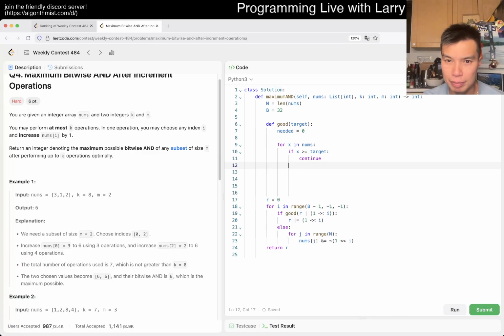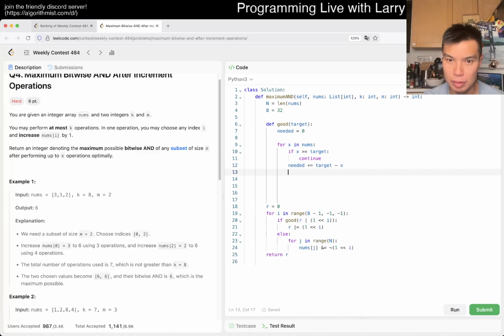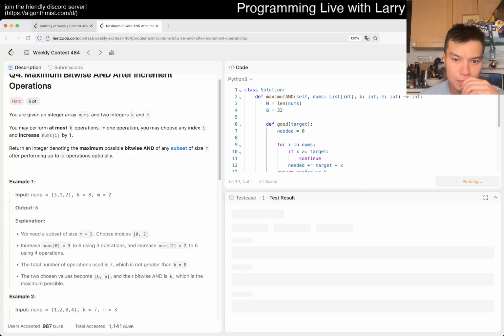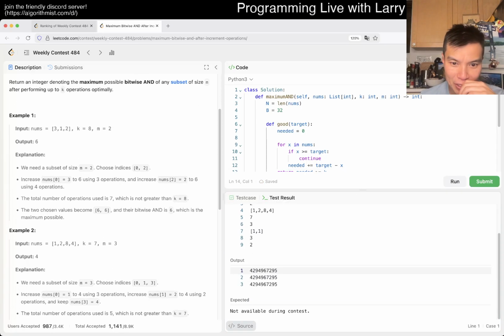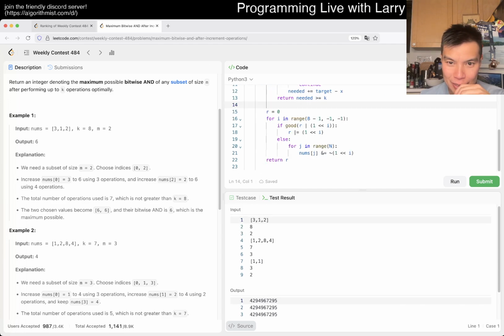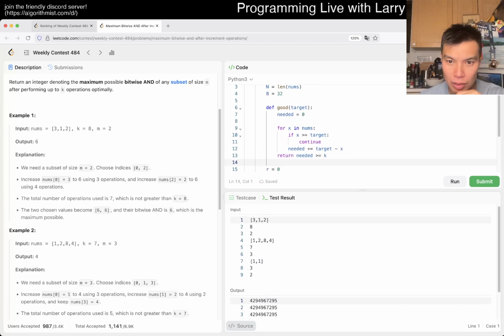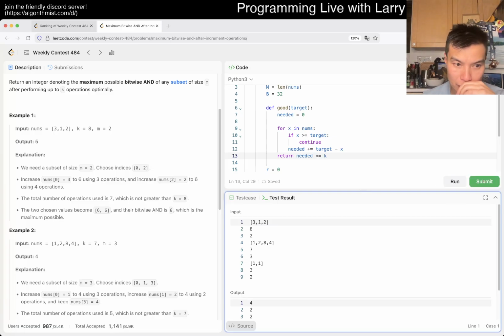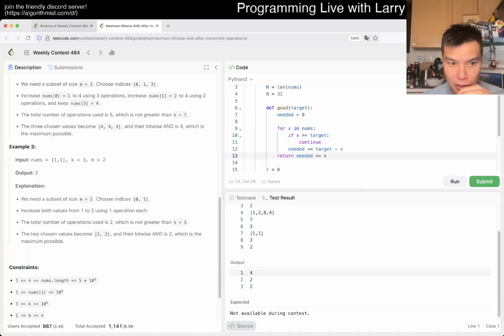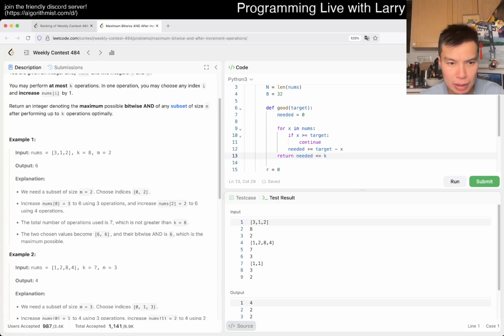Otherwise, something like that. Well, maybe that's not quite right. Oh, it's the other way. Yeah, that's why. 422. I mean, it's not right, but it's an idea.